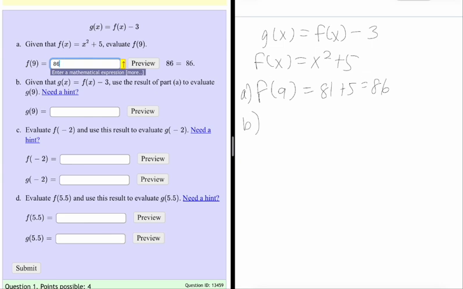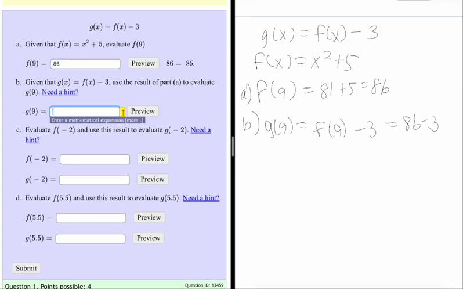Now B says that since g of x is f of x minus 3, what would g of 9 be? Well, g of 9 is just going to be the f of 9 answer, take off 3. So 86 minus 3, whatever you got for your first answer, it's just going to go down by 3. So in my case, it would be 83.